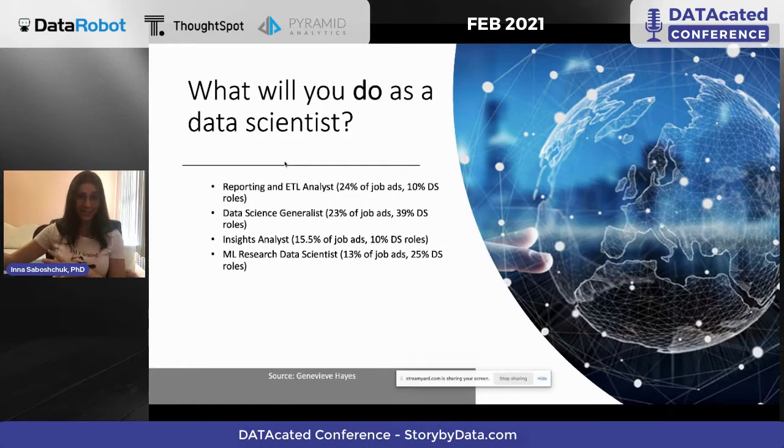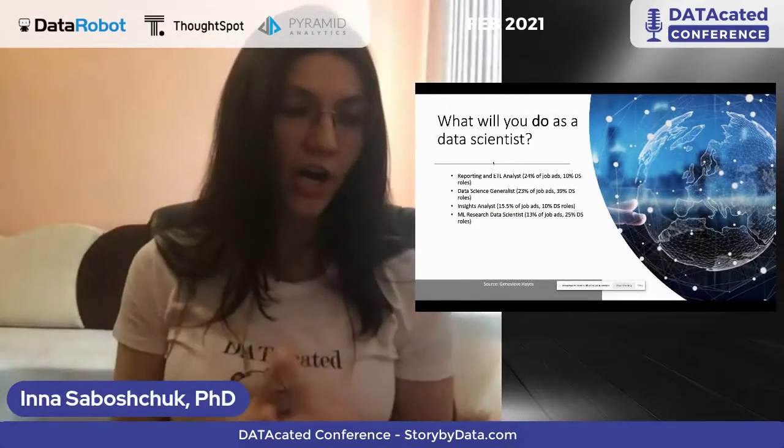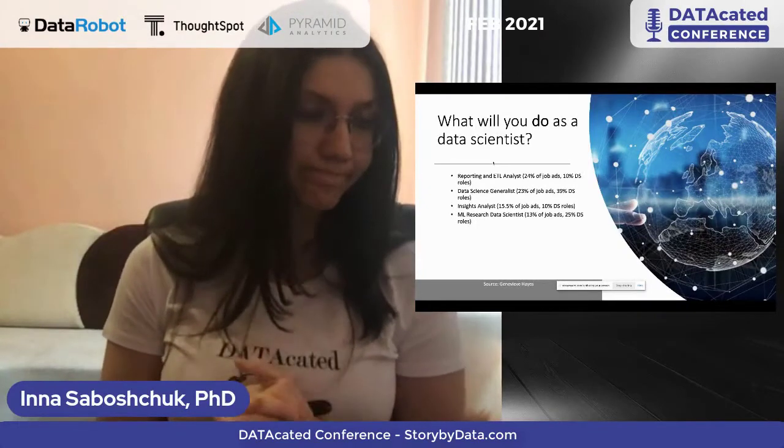Put that model into practice for the business. And a machine learning research data scientist is somebody who's going to test those kinds of models. And typically the titles that you're going to see here are maybe data scientist or machine learning engineer. And again, this person will need a little bit of Python, R, and SQL.